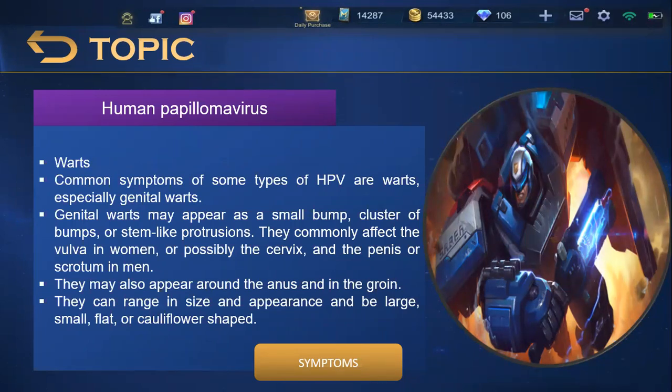Genital warts may appear as small bumps or clusters of bumps or stem-like protrusions, and they commonly affect the vulva in women and possibly the cervix, and the penis or scrotum in men. They may also appear around the anus and in the groin. They can range in size and appearance and can be large, small, flat, or cauliflower shaped.